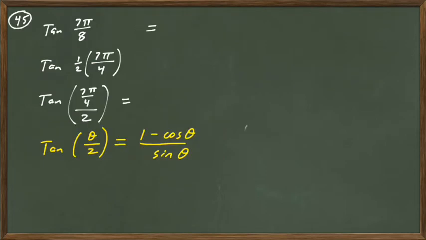Okay, what I did was, this is 45. What I did was I called 7 pi over 8 1/2 times 7 pi over 4, making it into this half angle identity. So I'm trying to make it match this formula. So now it's going to be 1 minus over 2, and the cosine of what? 7 pi over 4, is that right?